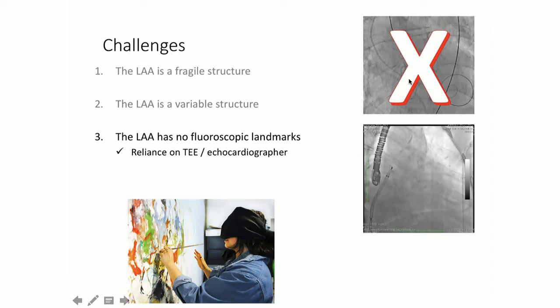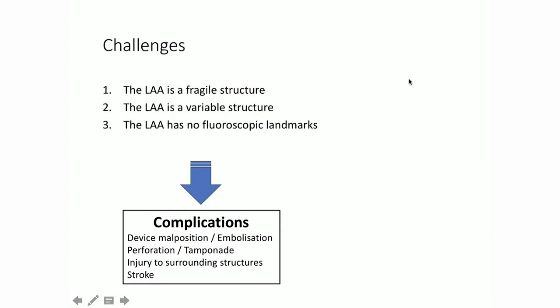So what are the different technologies that we could use to improve this? We'll be discussing MSCT fusion in a few moments. The challenges associated with the procedure may lead to different complications.